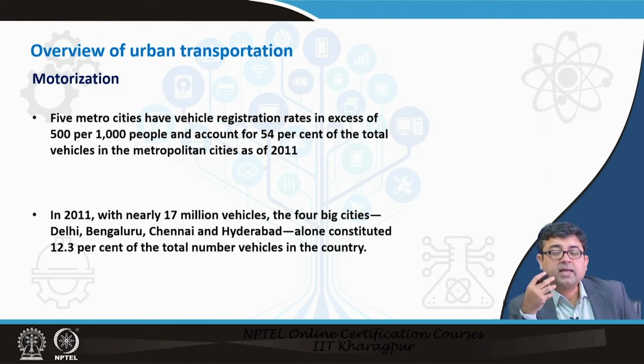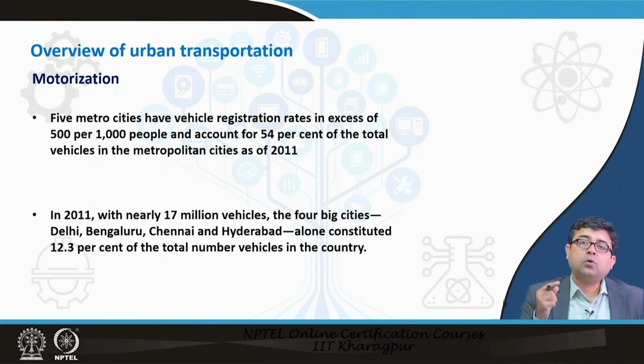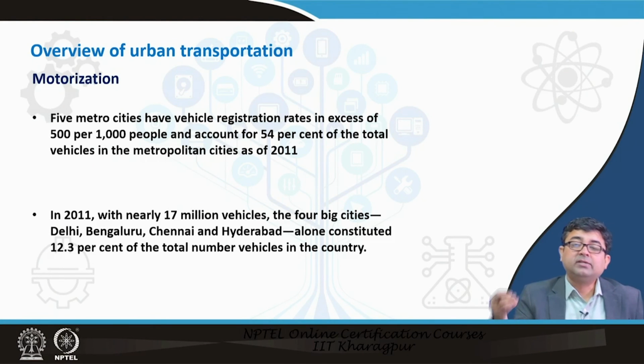So you see what is happening now. 10 or 20 years before, a family used to have one vehicle. Every household would add only one vehicle to the transportation system. Now, within a span of 10 to 20 years, every household is adding at least 2 vehicles to the transportation system. So the number of vehicles added per household has doubled.